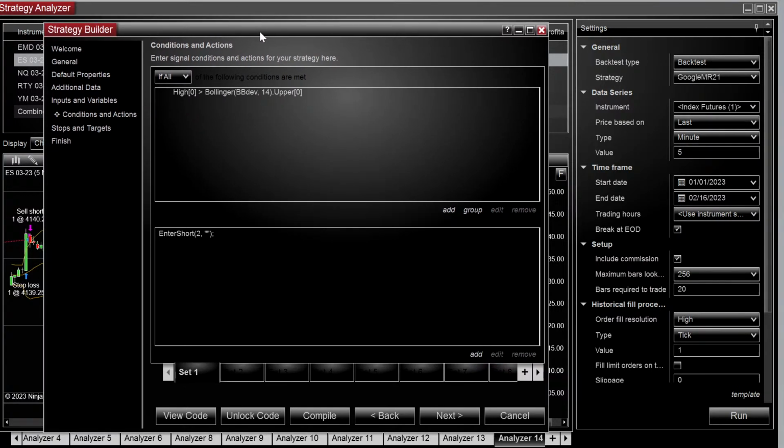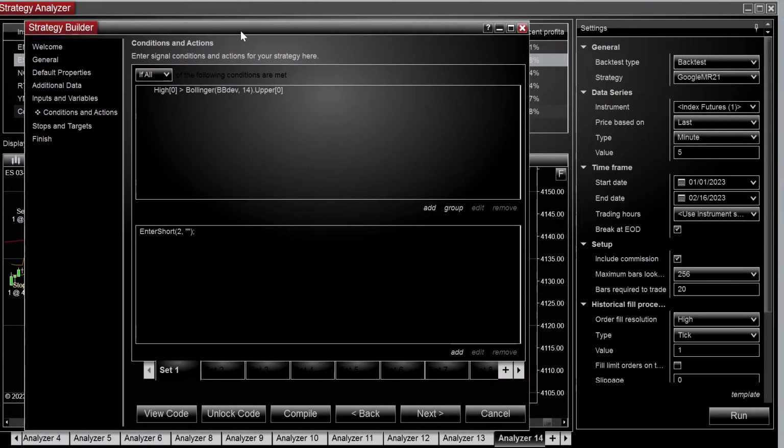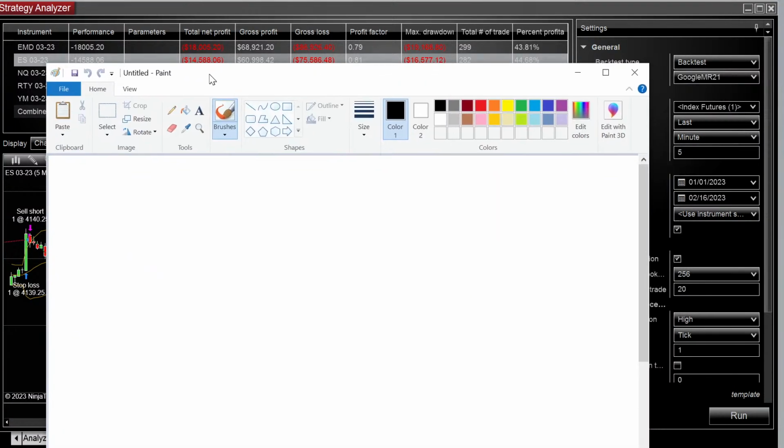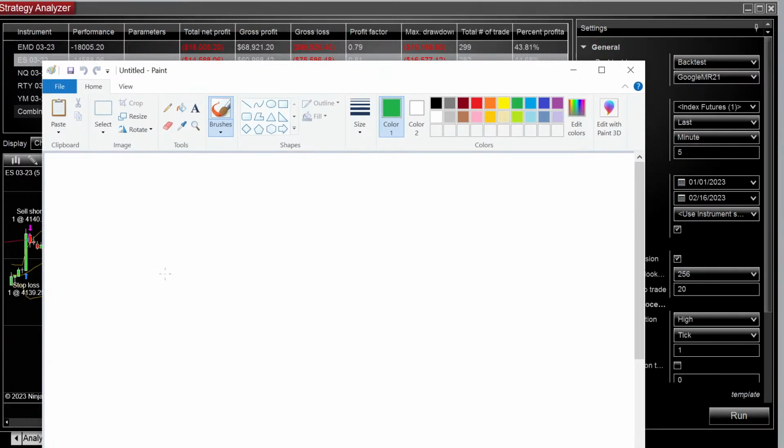Okay, so we have two potential variations for the trigger. And so here's a band, here's a band. We can make our trigger whenever we get a wick off the upper band.